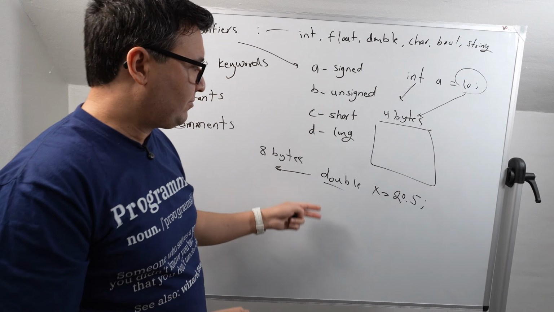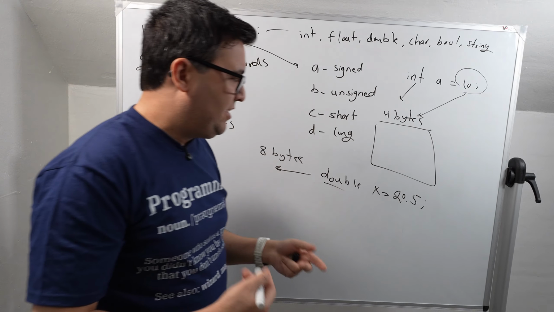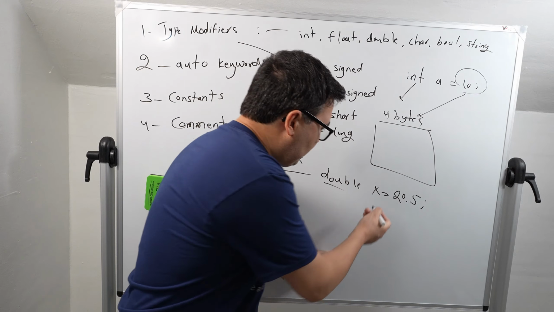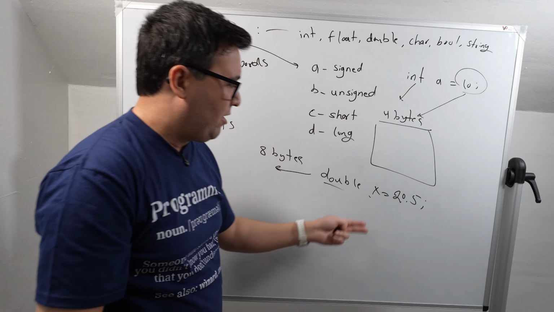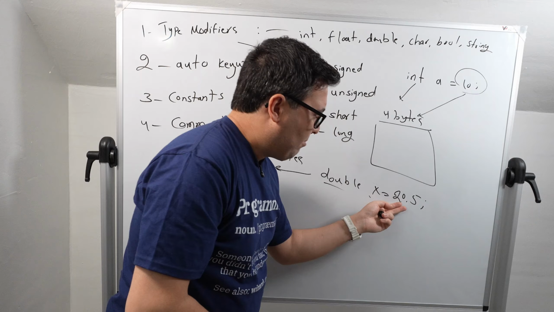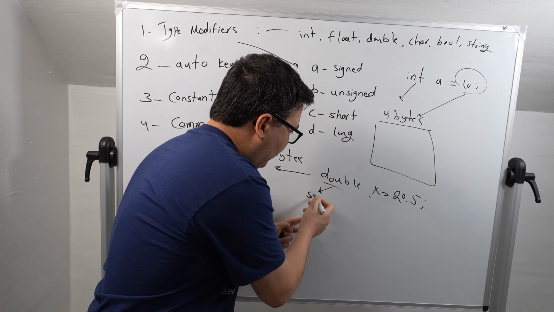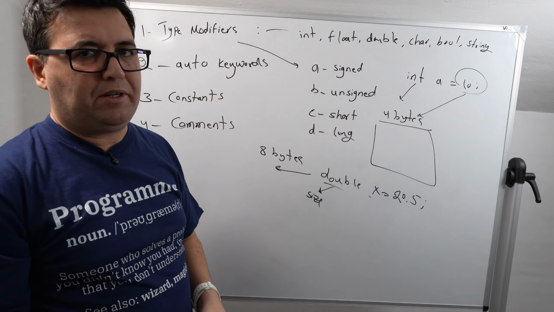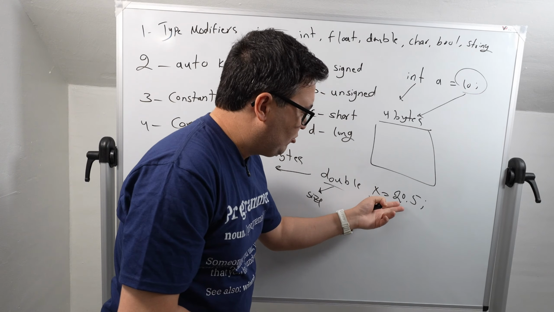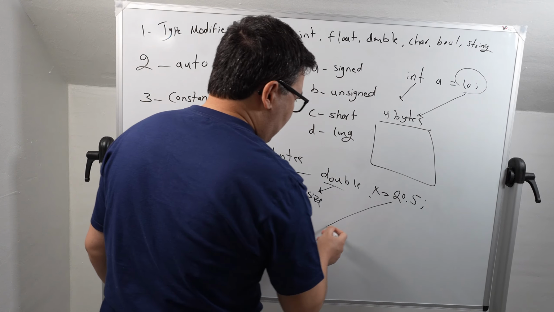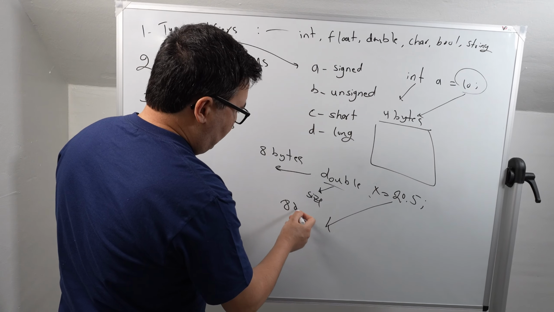So besides saying that variable x stores floating point numbers, the data type also defines the size in computer memory. It means this 20.5 takes 8 bytes of our memory.